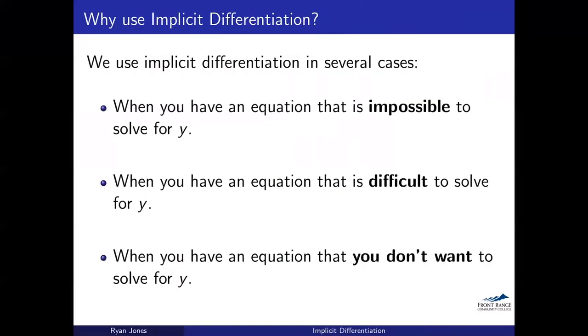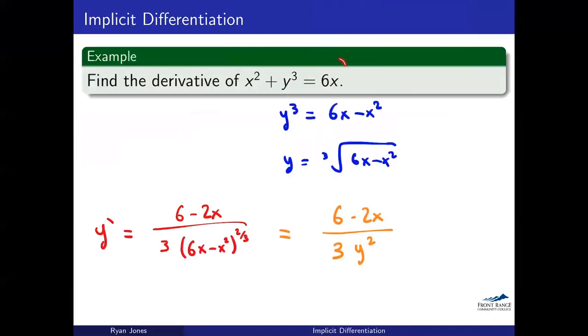Your last case is that you just don't want to solve for y, and that's actually the example that we just did. In this case, I look at that and I don't want to solve it for y, because when I do, I get something really ugly, and I don't want to take a derivative of that. I was able to do that quickly in my head, but I don't want to do all this work, with power rule and chain rule and all that stuff.